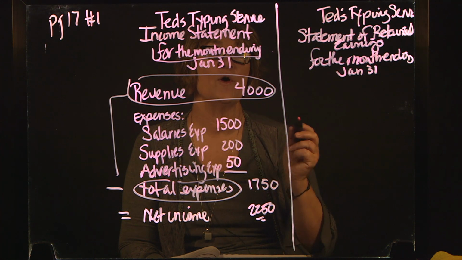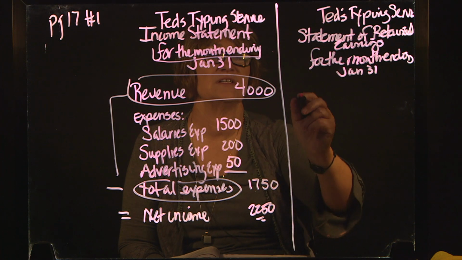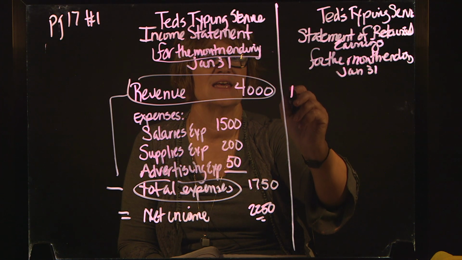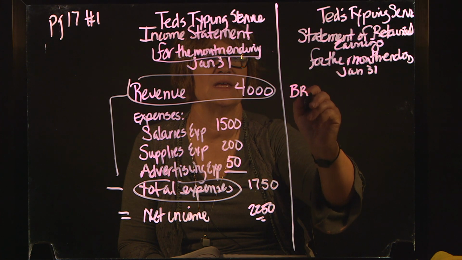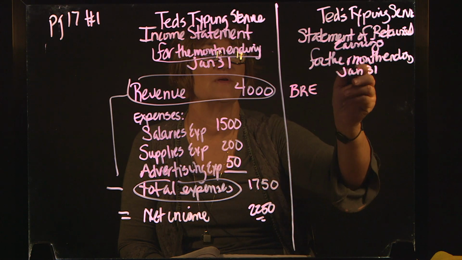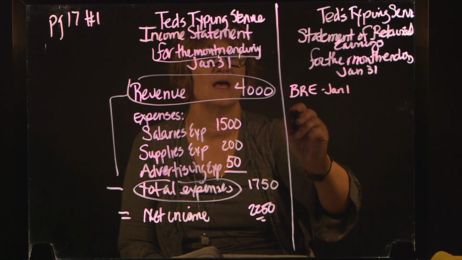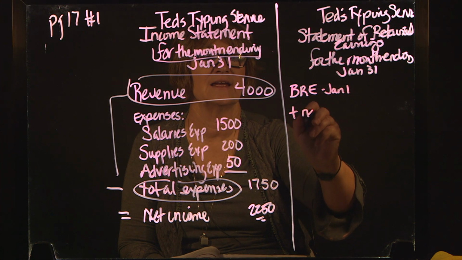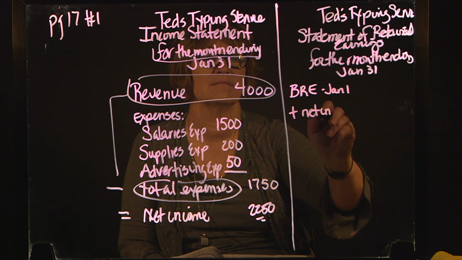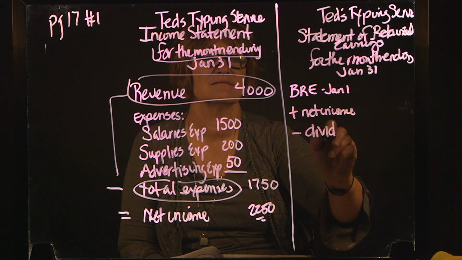The formula or the format for the statement of retained earnings is this. It's, and I'm going to abbreviate, beginning retained earnings. So in this case, it would be as of January 1, plus net income, minus something we call dividends.